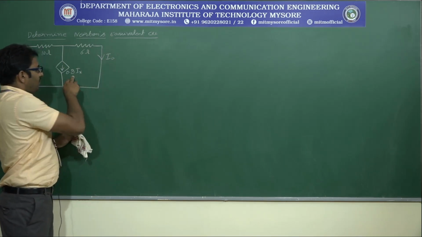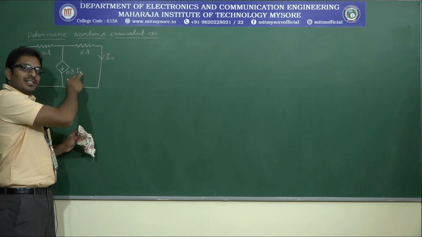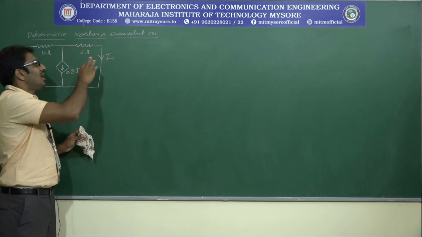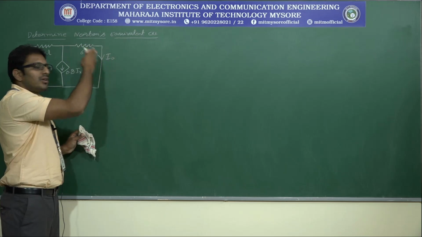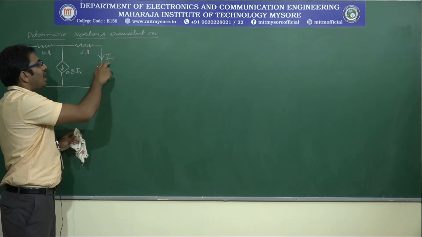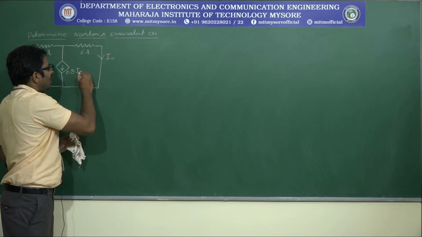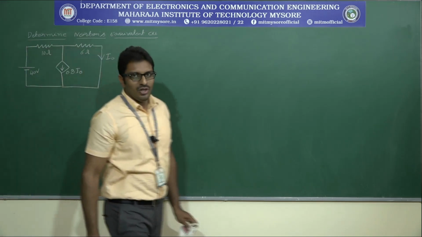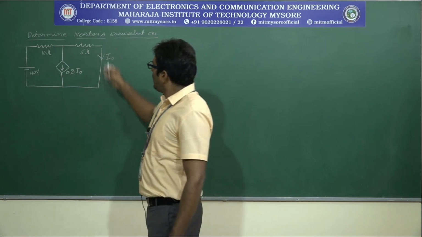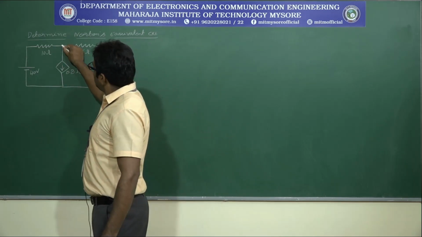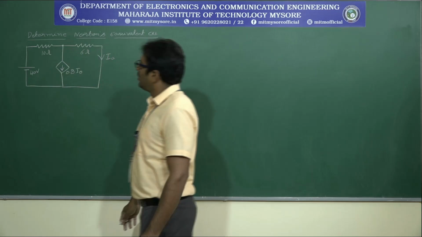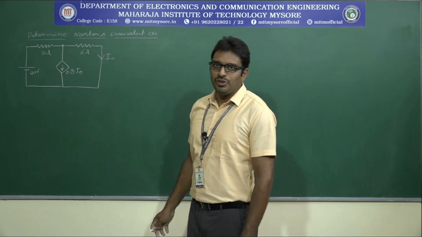So before it was the Ix dependent current source. Now the load is removed and made a short circuit, so Ix becomes I0. Now this is also Ix becomes I0. Is it clear?